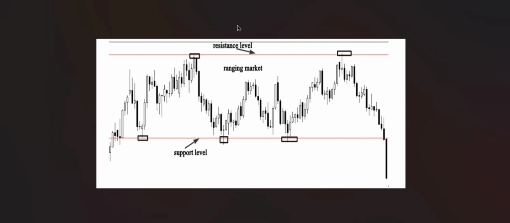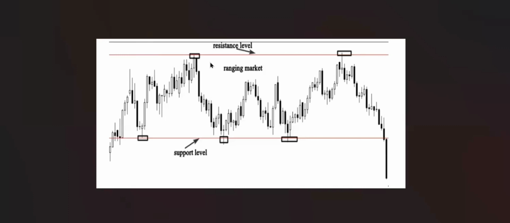That is, buyers are equal to sellers. It's a very basic explanation. There's no one in control of the trend. Sellers are selling while buyers are buying. The best buying and selling opportunities occur at key support and resistance levels.